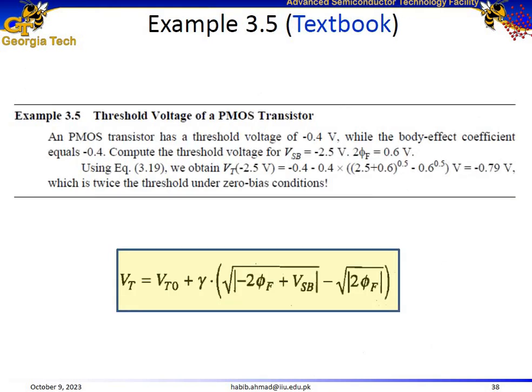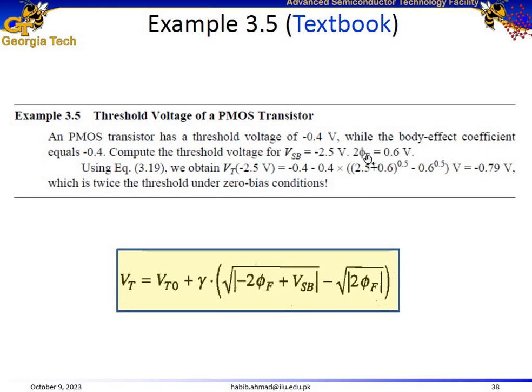So far we considered an NMOS transistor. Now let us consider a PMOS transistor. We have the equation for non-zero substrate bias, and for this PMOS transistor all the values are given. The threshold voltage is given, the body coefficient is given, the substrate bias is given, 2 times phi f is given.